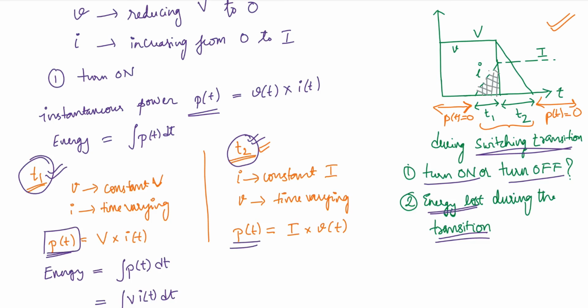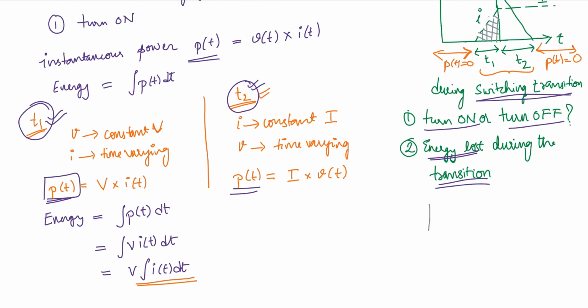If you redraw this current, you see that this is a constant value I and this time interval is t1, and we need the area of this triangle. So the base is t1 and the height will be I.